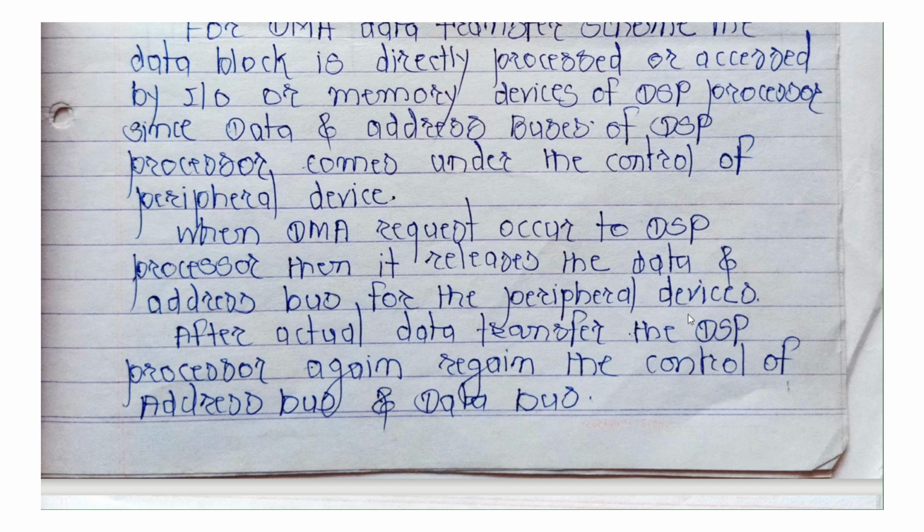So in this case, after the finishing of the data transfer, when the data transfer process is completely over, then again the address bus and data bus control is with the DSP processor. Okay, so here after the actual data transfer, the DSP processor again regains the control of the address bus and data bus.